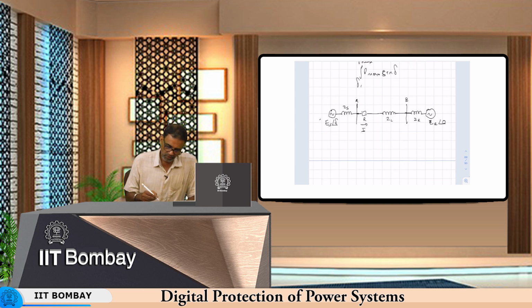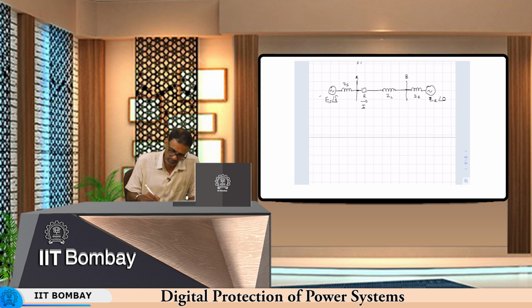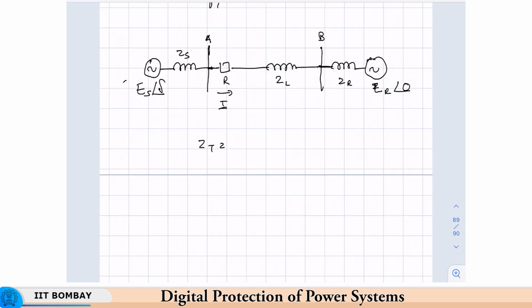Okay. Now, we will define two terms for the sake of convenience. That one is the total impedance, which is Z_S plus Z_L plus Z_R.